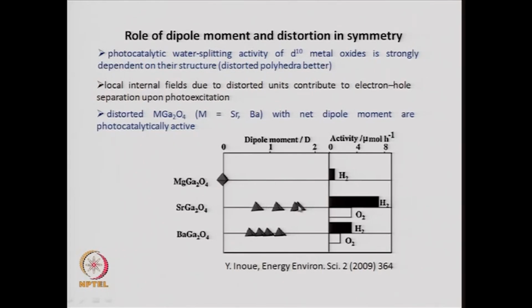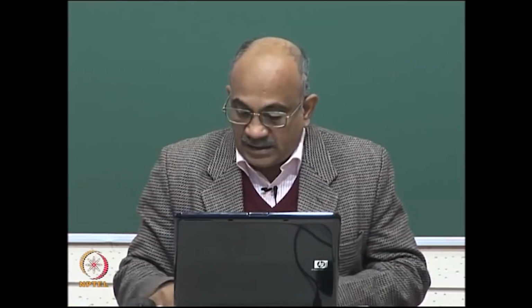So, dipole moment will be generated as a cause of distortion. Whenever you have a distortion, you have a high dipole moment. This is zero dipole moment, very low activity. This is high dipole moment and this is high activity. So, distortion high, dipole moment high, and so it will lead to higher activity.